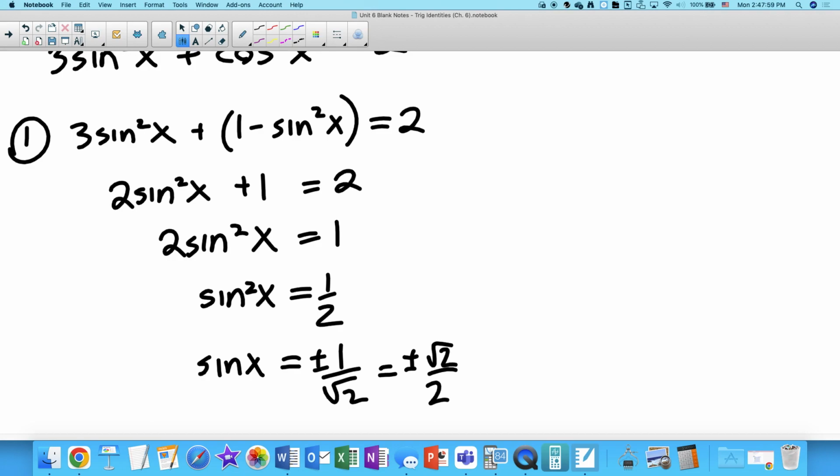Okay. All right. So that's one option. What's another option? At the end of the day, we should get the same solution, no matter which substitution we do. So one option is to sub for the cos squared x. What else could we do?